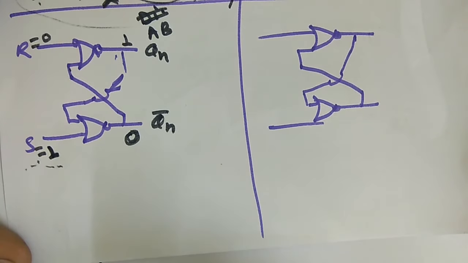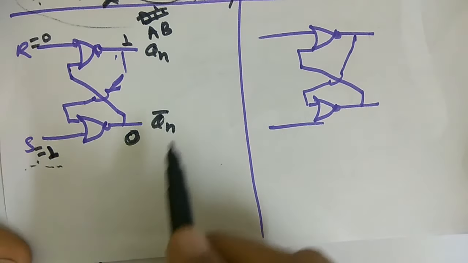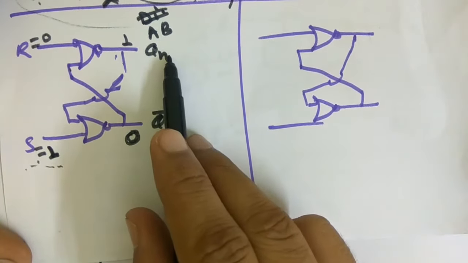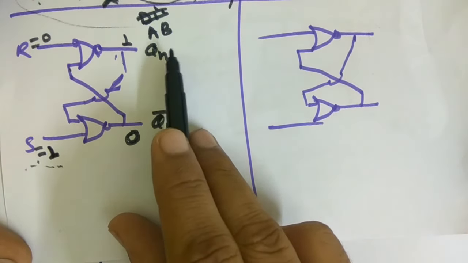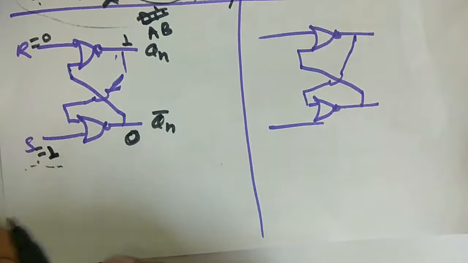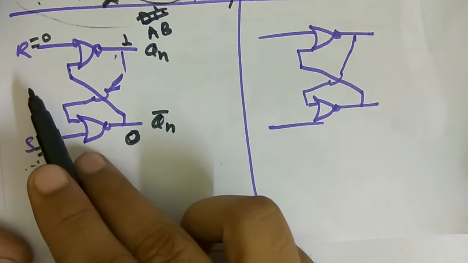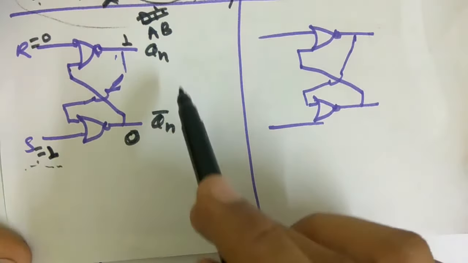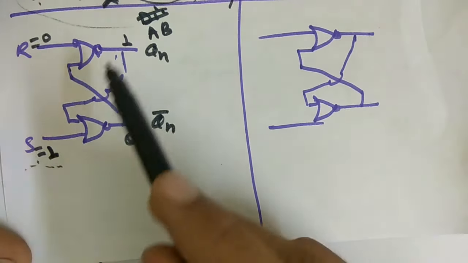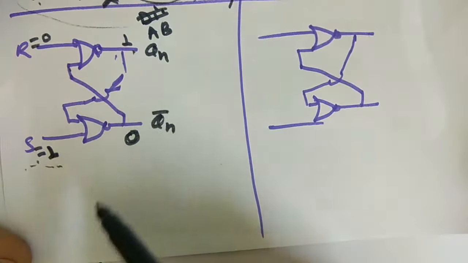So here we have seen that this does not depend on the previous value, it is not using the value of this one. Whatever previous value we had, if we have given 0 and 1, it will not use it, it will obviously give the output as 1.